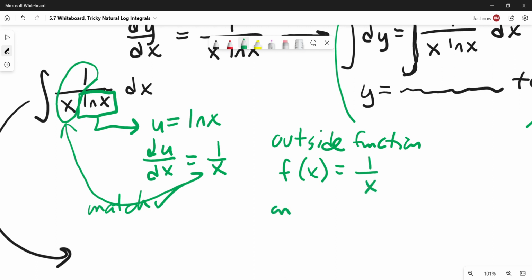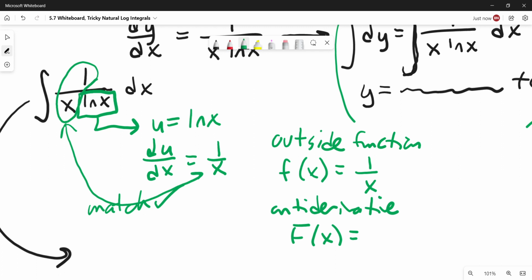So the antiderivative of our outside function, the antiderivative of 1 over x, okay, let me, again, see, sometimes even my mind gets twisted. Okay, the antiderivative of 1 over x is ln x. Yes, because we're going backwards.